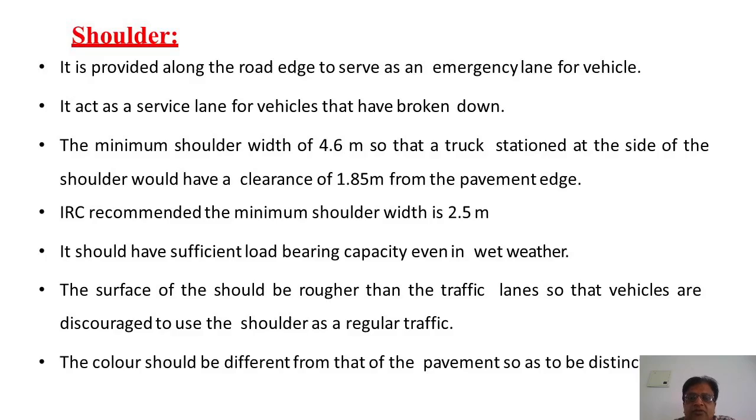So that is the minimum width, 4.6 meter. IRC recommended the minimum shoulder width as 2.5 meter. The minimum width of the shoulder should be 2.5 meter so that any truck or a long, widest vehicle can park on the shoulder portion.